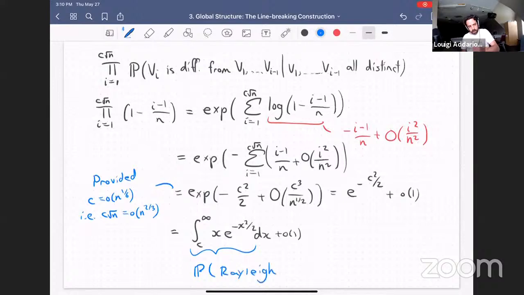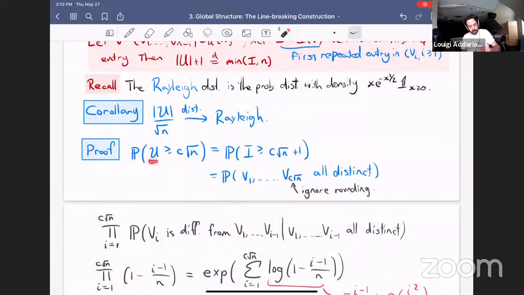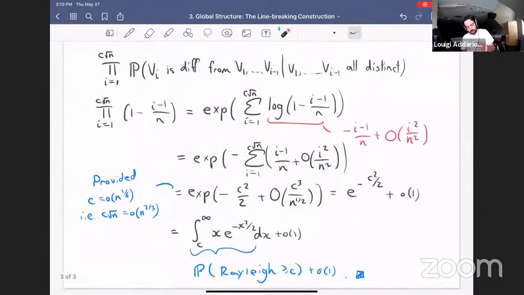So this is the probability that a Rayleigh random variable is at least c plus little o of 1. Okay, so that proves that the cumulative distribution function of u on root n converges to that of a Rayleigh. Right, so that's all lecture 1 reminders.